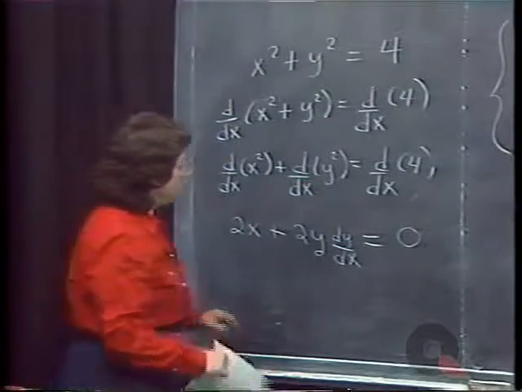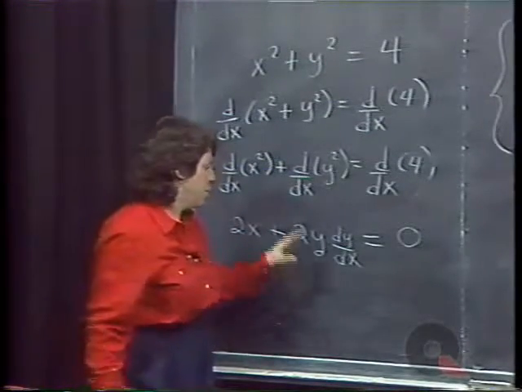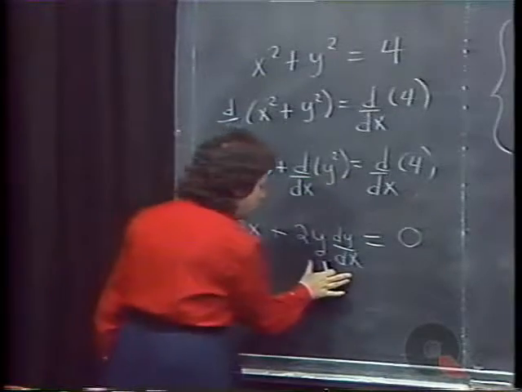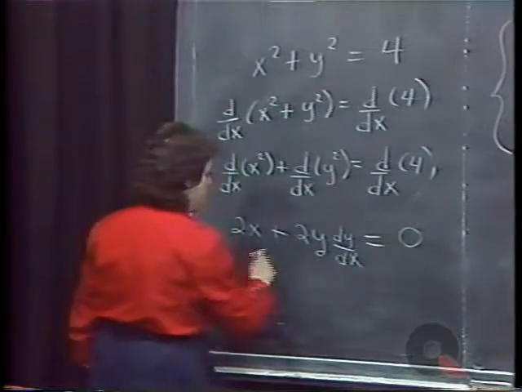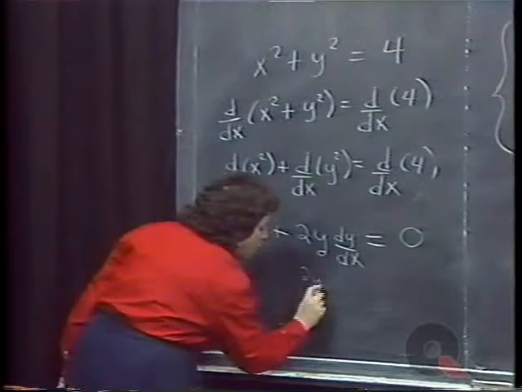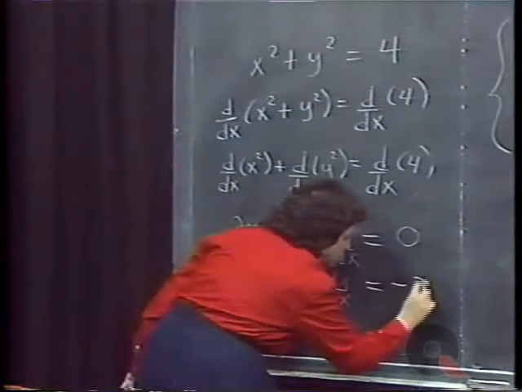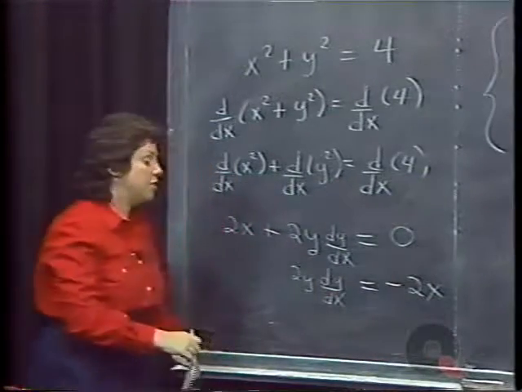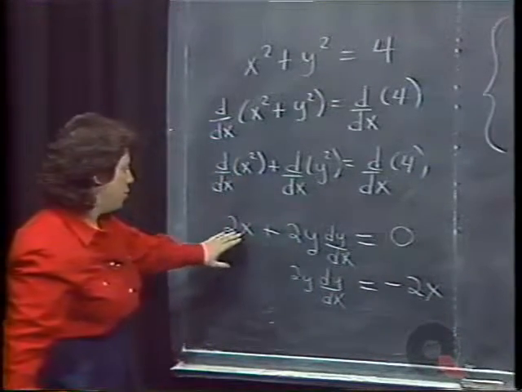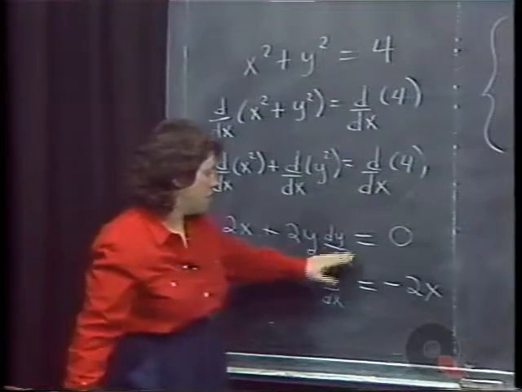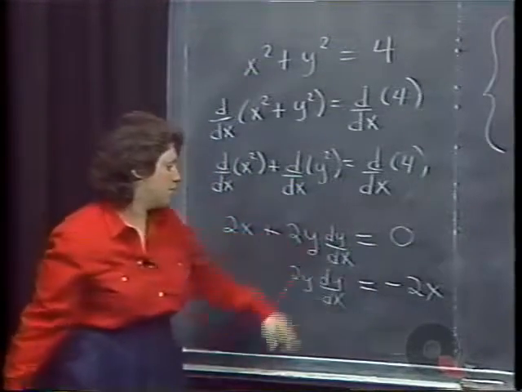Now, we're looking for dy dx. So get the terms with dy dx on one side and all the other terms on the other. We're going to try to solve for dy dx. 2x plus 2y dy dx is 0. We subtract 2x from both sides, so 2y dy dx equals minus 2x.